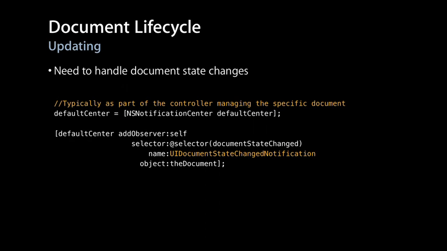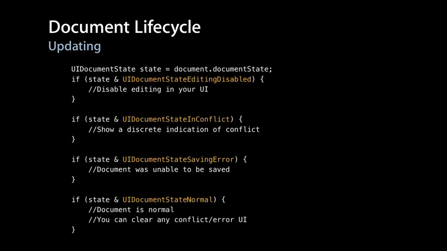Now, your UIDocument needs to be able to handle updates that come in from the server. So the first thing that you need to do is make sure that whatever class is presenting your UIDocument to the user has subscribed to the UIDocument state changed notification. When you subscribe to this notification, there's going to be a number of different states that you have to handle.